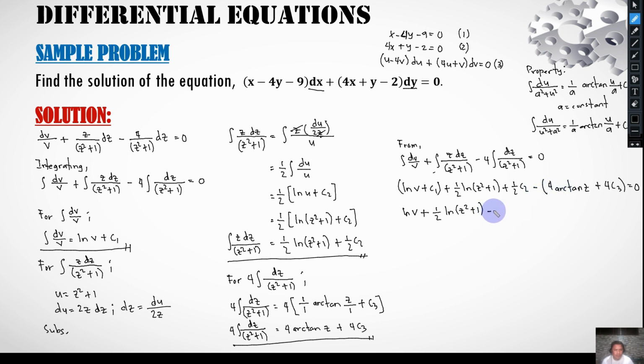So, this is minus 4 arctangent z. And then, saka na natin ilalagay itong plus C1, plus 1/2 of your C2, and then minus 4C3 is equal to 0.